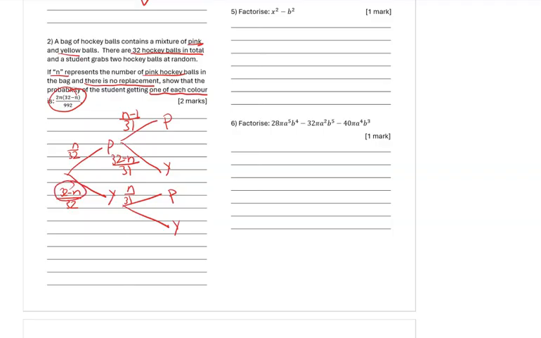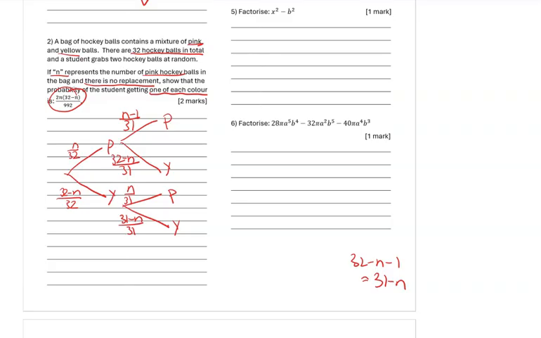There would have been 32 minus N, I'll draw it down the side here, and we're minusing 1 off that. So that becomes 31 minus N over 31 yellow hockey balls. Okay, so I've drawn the tree.